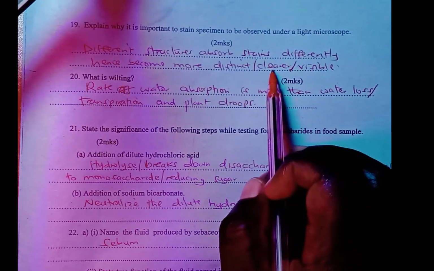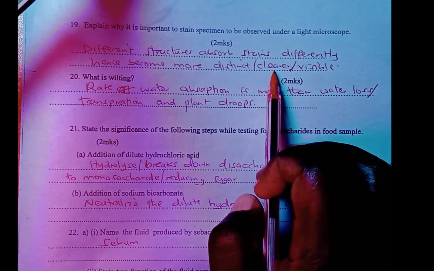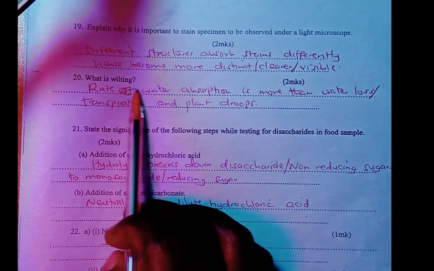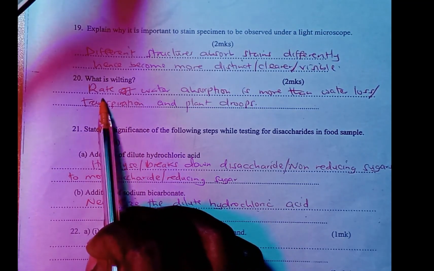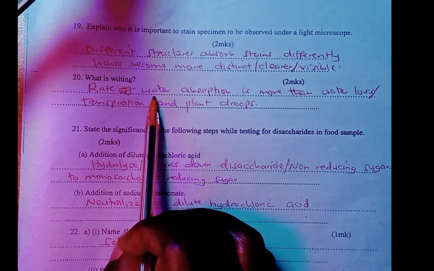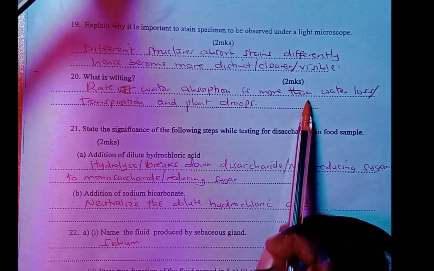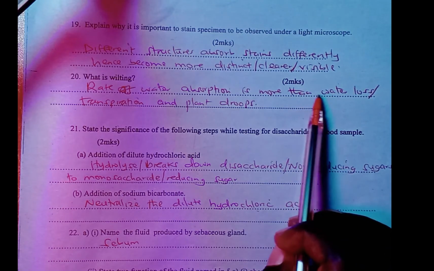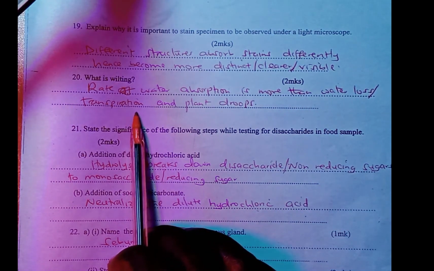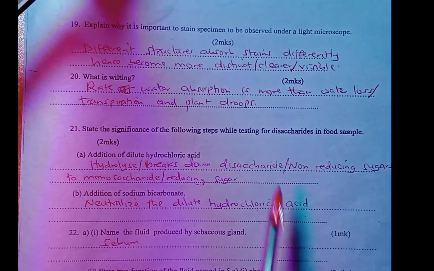We can also use the term clearer or visible. Then question number 20, what is wilting? We say it is where the rate of water absorption is more than the water loss. Actually, water loss can also be replaced with the term transpiration and the plant droops.